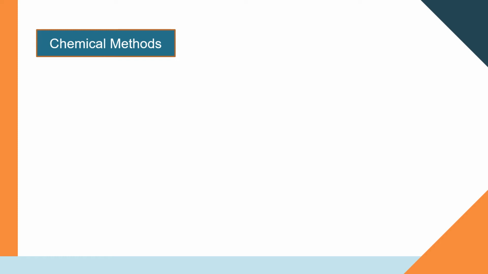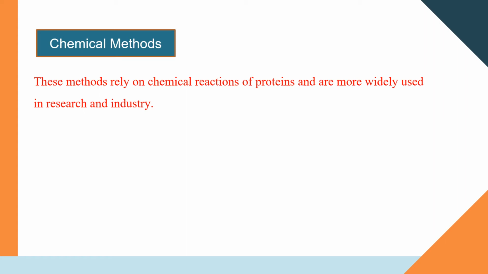Those methods are widely used in both research and industry. They rely upon chemical reactions of proteins, as we are going to see in a minute or so. And as I have just mentioned, they are very common methods for the determination of milk proteins.